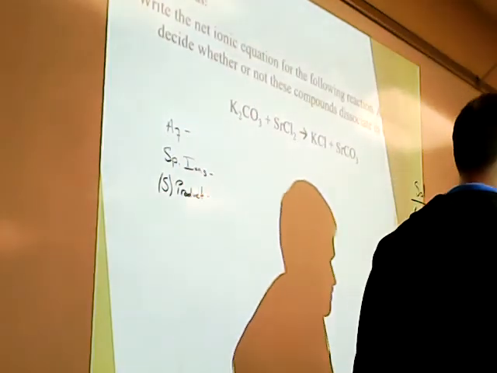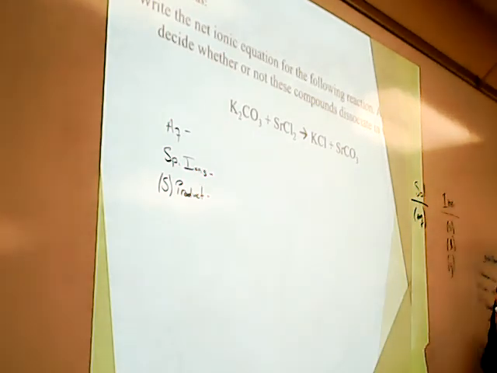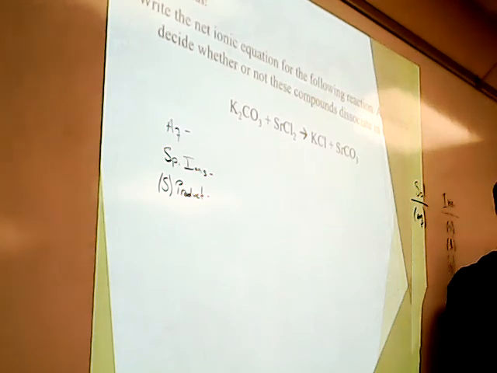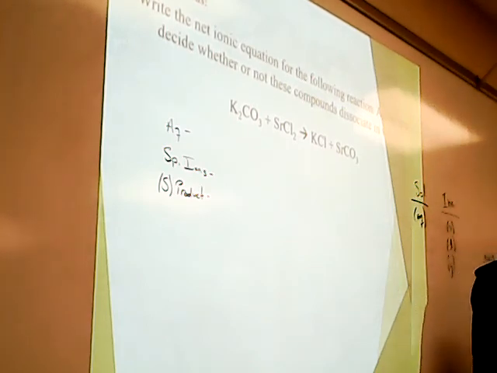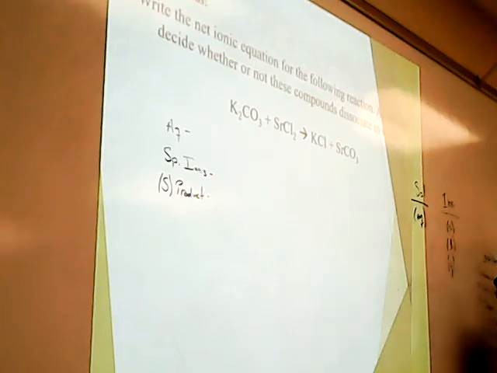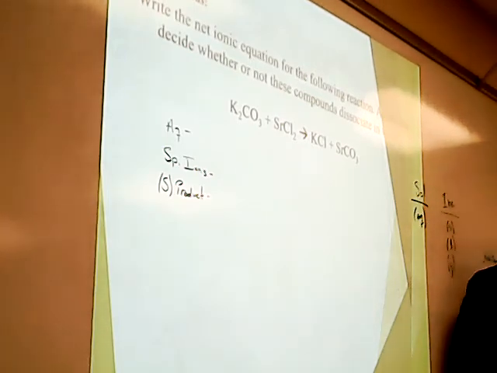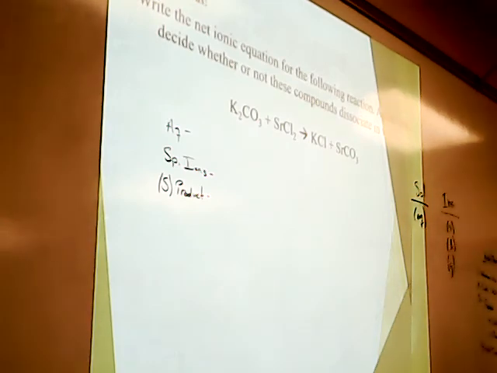Okay, so here are a few questions that I could get from this, more than just saying, write all this stuff out and give me an answer. The first question is, of your reactants and products, give me one aqueous compound.